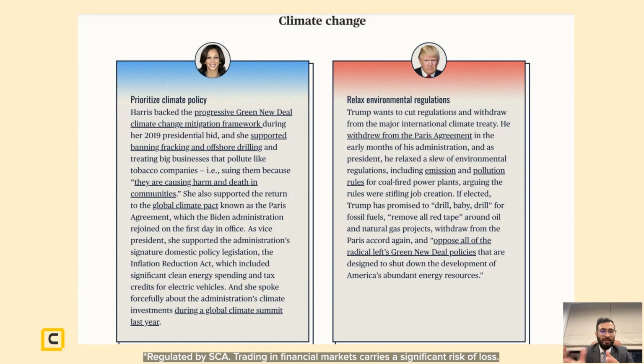She has supported the return of the US into the Paris Agreement, which Joe Biden rejoined on the first day in office. And a lot of support has been shown towards the use of electric vehicles and renewables, and investing in the global climate summit.